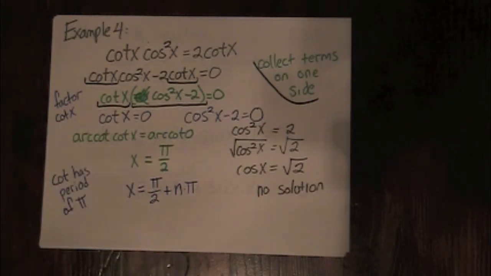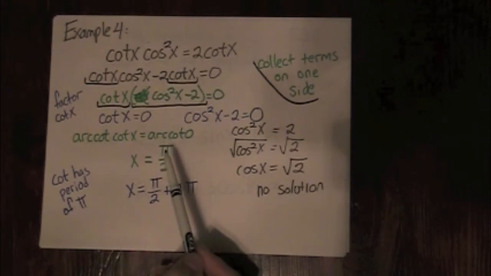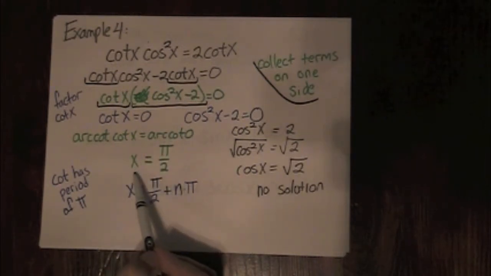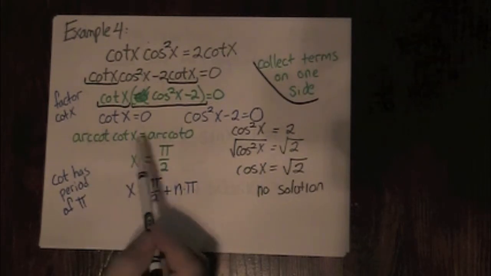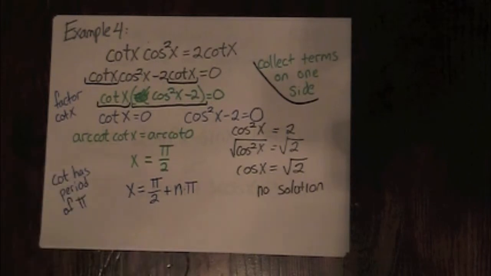Let's handle the cotangent of x equals 0 first. If I do arc cotangent to both sides, that's going to cancel out our cotangent function, leaving us with x. The arc cotangent of 0 is going to be pi over 2.